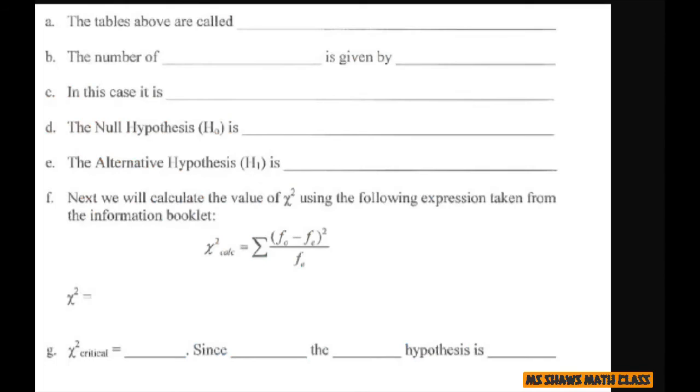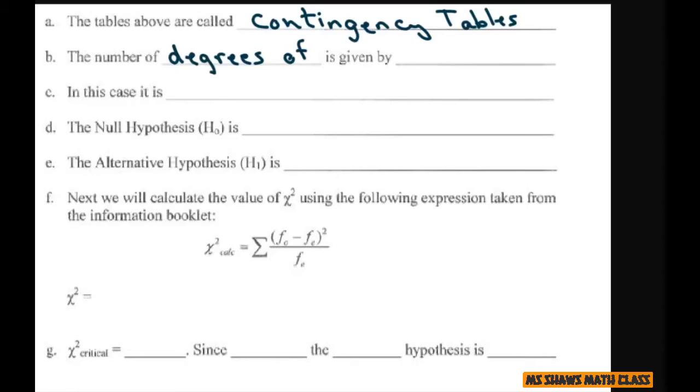Now let's fill out some more information. The tables are called contingency tables. Also, we want to do the number of degrees of freedom. And that has to do with your rows and columns. That's the Greek nu, the kind of cursive v.